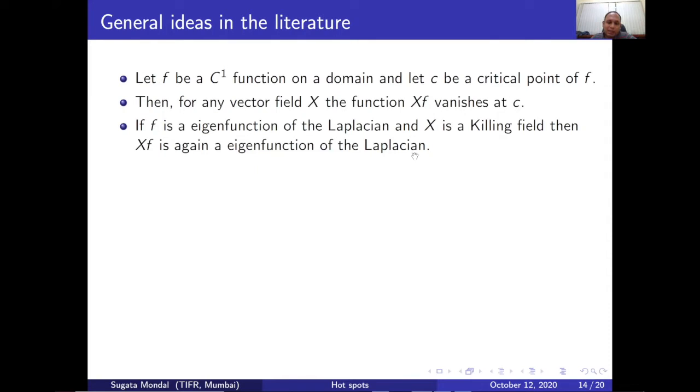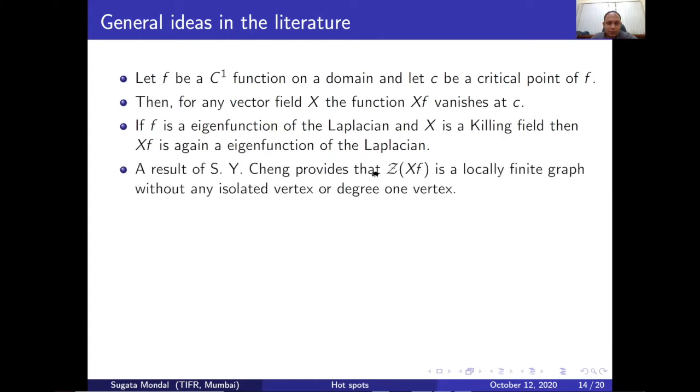When I say eigenfunction of the Laplacian, all I'm trying to say is that they satisfy the same eigenequation. No boundary condition is mentioned here. So as soon as I have an eigenfunction and a Killing field, I have another eigenfunction Xf.